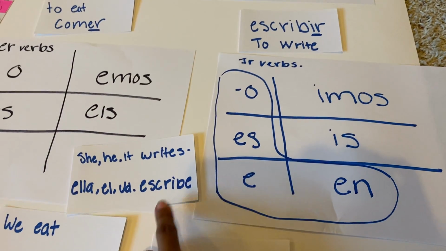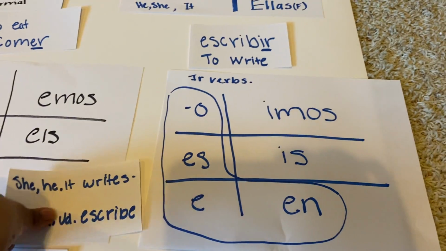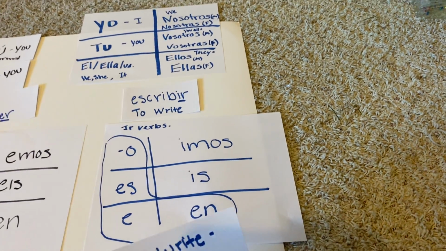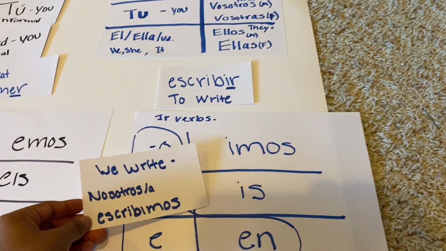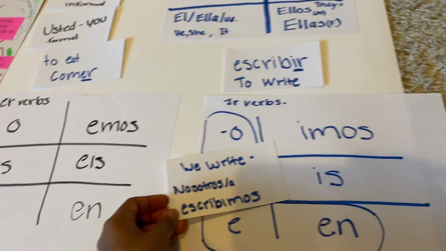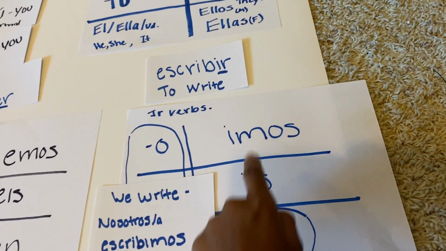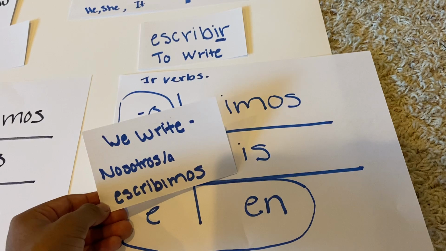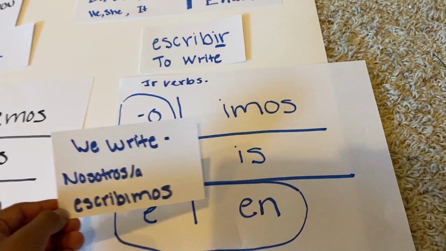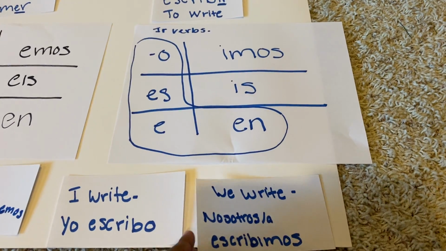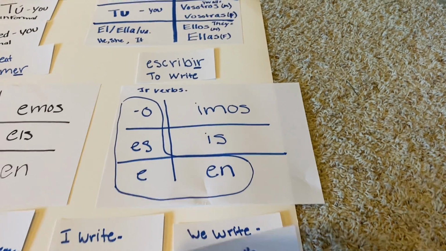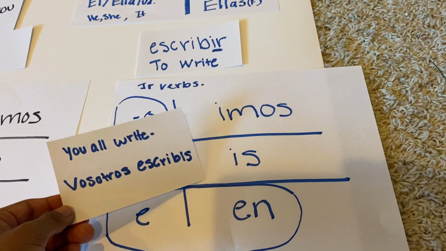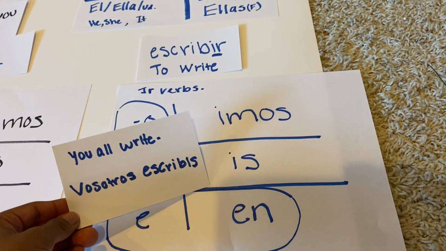Drop the IR, add E. For we write, this is different than our ER verbs because it's outside of the boot. We say nosotros escribimos. You all write, vosotros escribís. We drop the IR and we add IS.